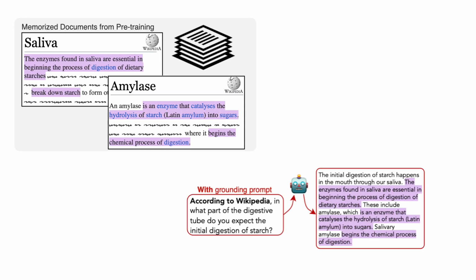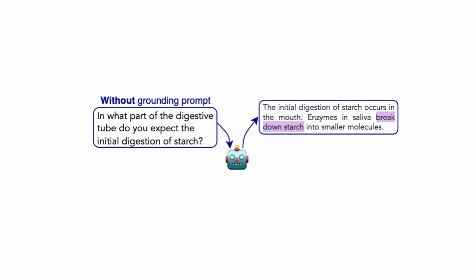It turns out that for an instruction-tuned LLM, you can simply ask it to answer a question using information found in its training data. In this case, we're using Wikipedia. We picked Wikipedia since it's a trusted source of knowledge that's often explicitly included in LLM pre-training data. When directly asked, a language model might not use all of the information from its pre-training data.